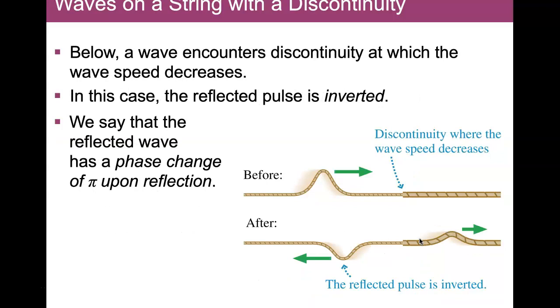But something interesting happens if your speed decreases on the other side. The wave or the pulse that's reflected is also inverted. So you have this upward pulse reaching that interface. It gets reflected as a downward pulse, something like this.